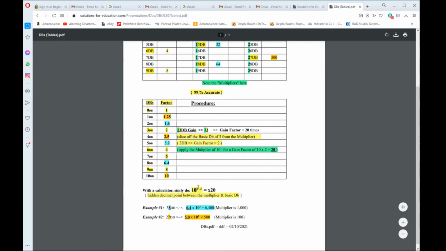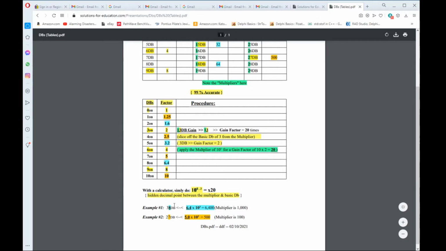If you put the multiplier in there, it becomes 1.3, not 13. Up here we write 13 dB, but on the calculator you would put in 1.3. There's a hidden decimal point there. And if you keep track that that hidden decimal point is there, you'll find it comes out to be very, very close to 20. That's a gain of 20.